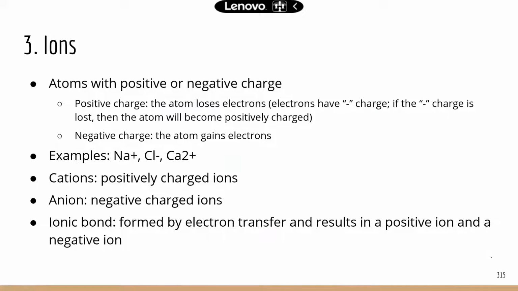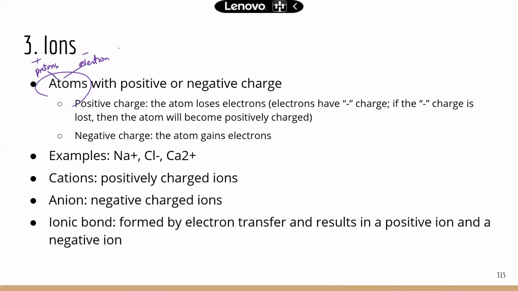Next, let's look at ions. Ions are atoms with a positive or negative charge. We talked about atoms earlier, and we determined that atoms overall are neutral, right? Because the positive charge from the protons and the negative charge from electrons cancel out.